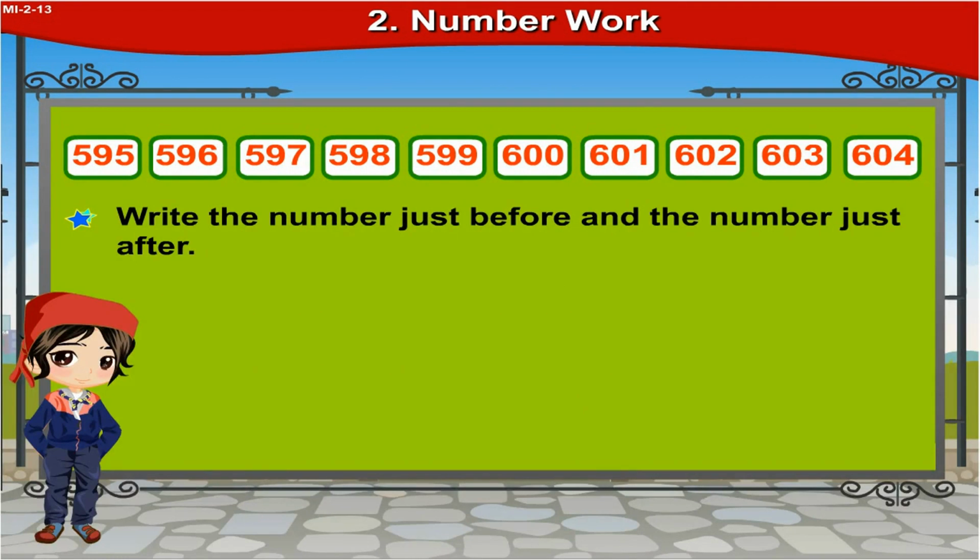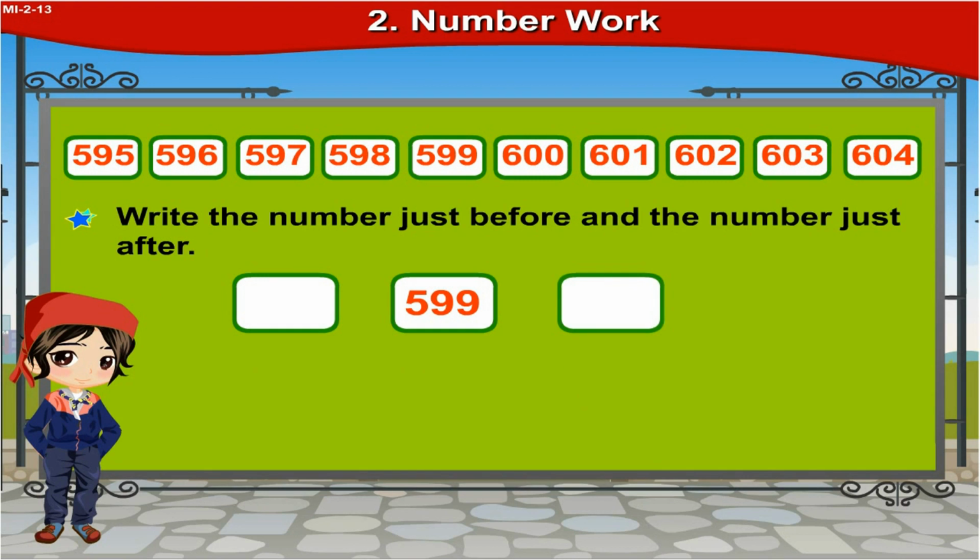Next is box 599 box. The number before 599 is 598. So we'll write it here in the box. And number after 599 is 600. So we'll write 600 in the box.